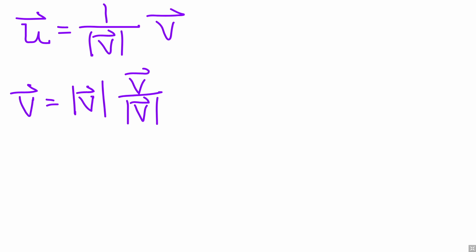Now, if you look at this closely, you'll notice that these would cancel and give you back the vector v. But this is just a different way of representing vector v in terms of its length and direction. Any questions there?